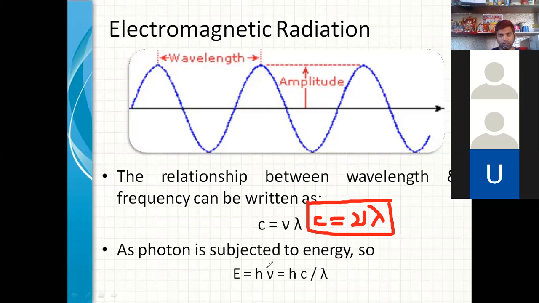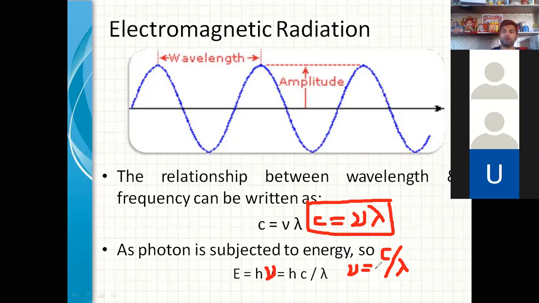We know that E is equal to h nu, and this nu is equal to C by lambda. C is the speed of light, and lambda is the wavelength. Nu is the frequency. E is the energy.